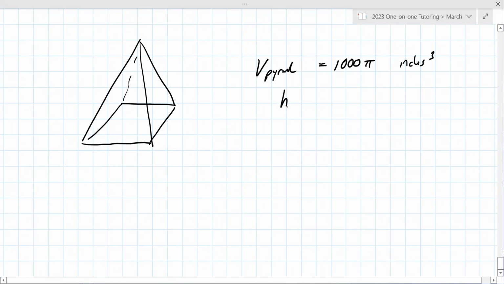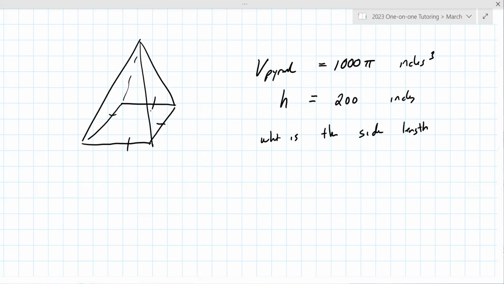And I tell you that the height is, I don't know, 200 inches. What is the side length? And it is a square base. Does it matter? It does, because if it's a rectangular, I'd have to give you more information to do this.